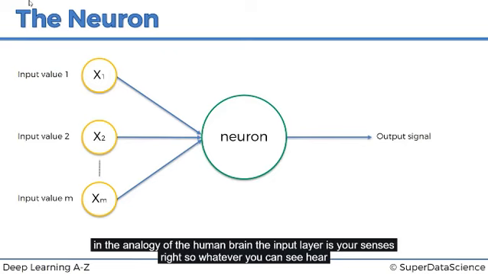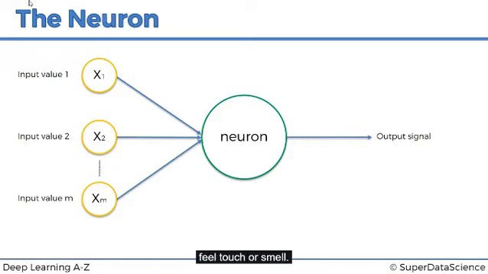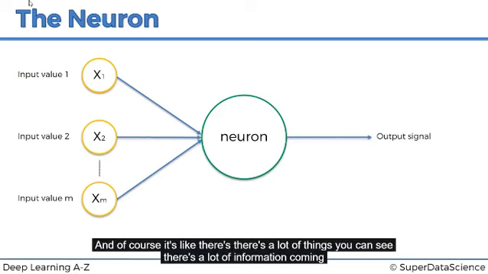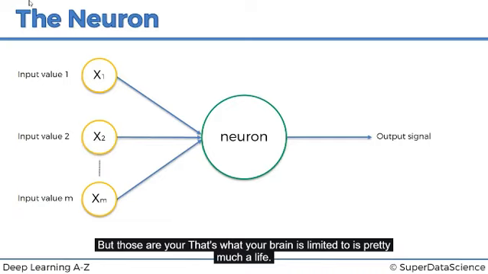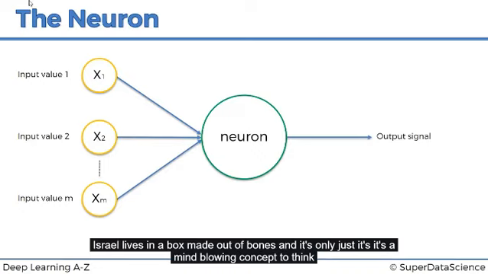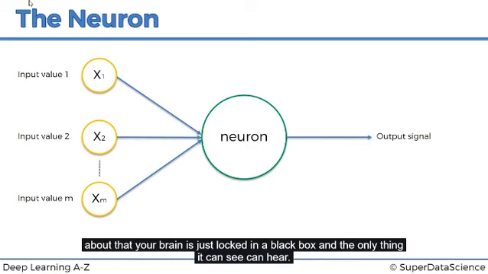In terms of the input layer, the way to think about it, in the analogy of the human brain, is that the input layer is your senses, right? So whatever you can see, hear, feel, touch, or smell. Of course, there's a lot of information coming in, but that's what your brain is limited to. It pretty much lives in a box made out of bones, and it's a mind-blowing concept to think about, that your brain is just locked in a black box.